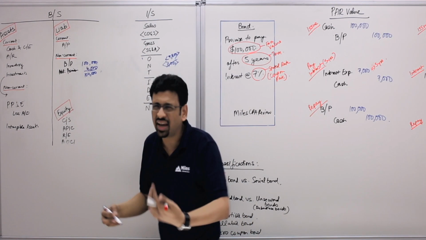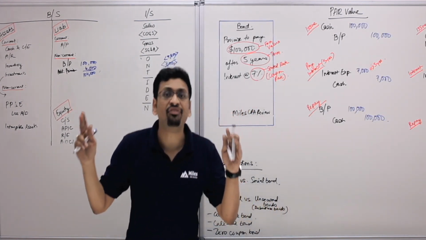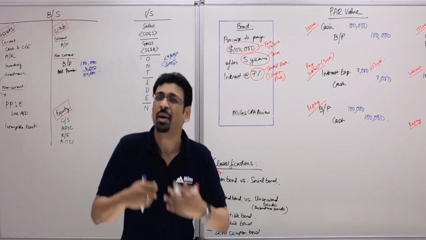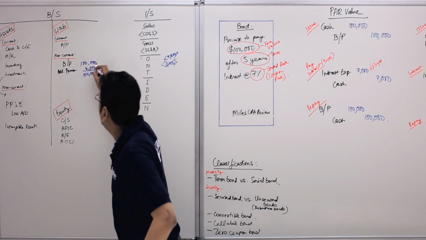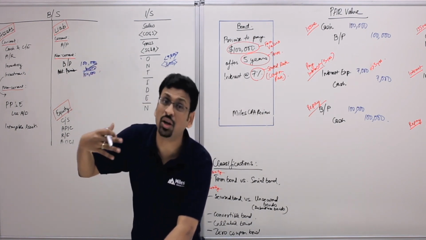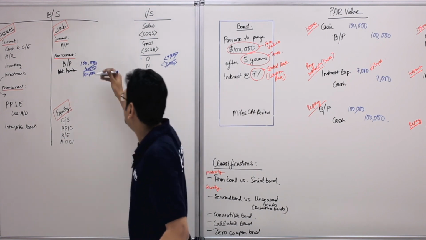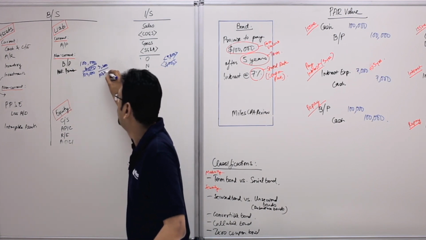So let's say we are again using straight line method. As I told you, we'll learn about effective interest rate method in the next section. But now let's get the concepts right with the straight line method. So let's say if I do straight line, $4,000 amortization over 5 years, $800 each year. So after the end of first year, this 4,000 should become 3,200. So this becomes 103,200.